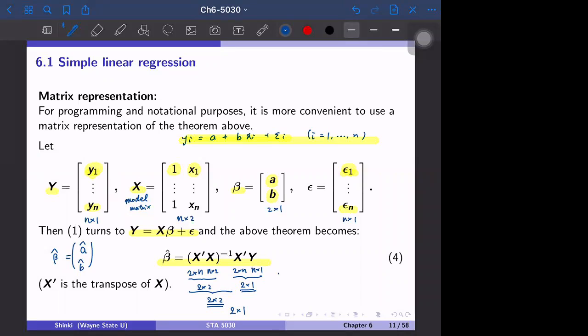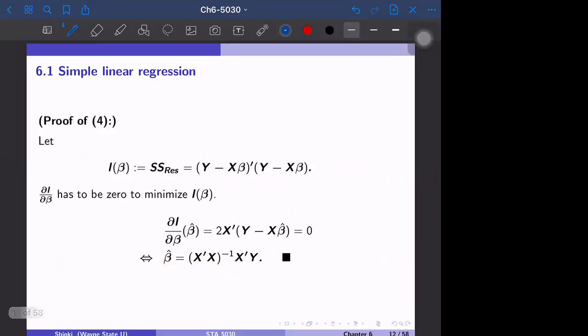And why does this hold? The proof is also much simpler than not using the matrix form. Remember that linear regression minimizes the summation of epsilon i squared. We define epsilon as the vector epsilon 1 to epsilon n transposed. So this sum is actually epsilon transposed epsilon.